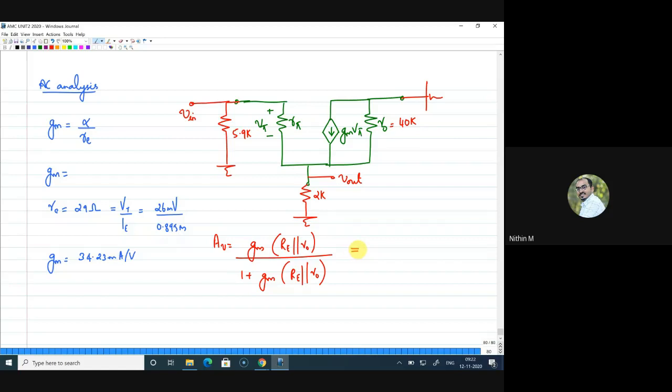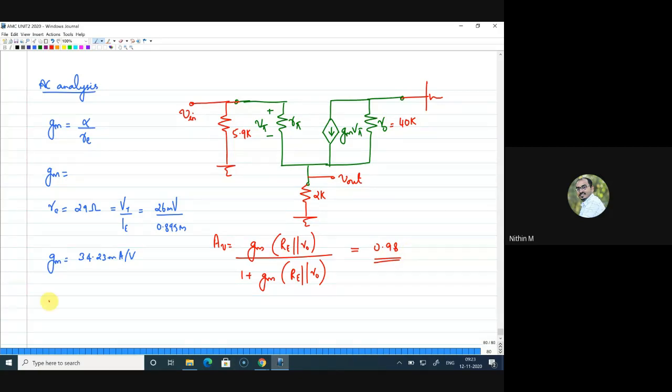This will result in the voltage gain for the circuit. I am getting 0.973. I'll write 0.98. Yes, 0.98 is the voltage gain, right?